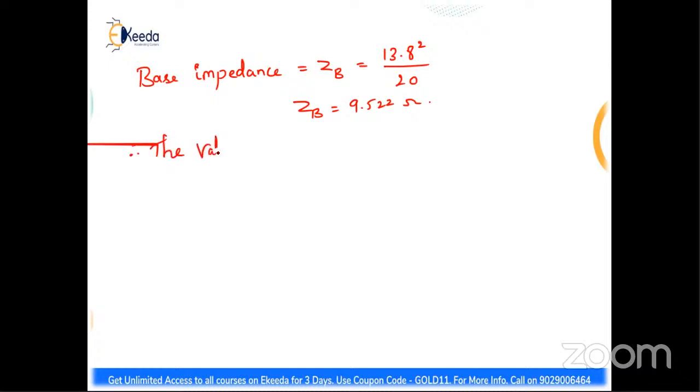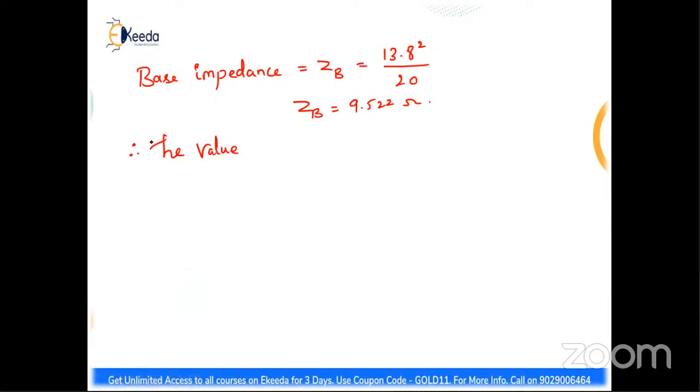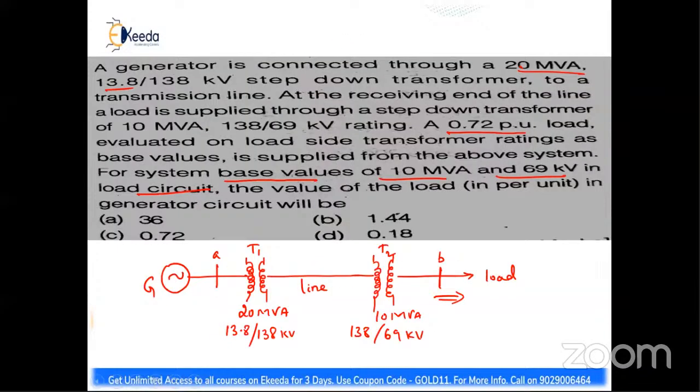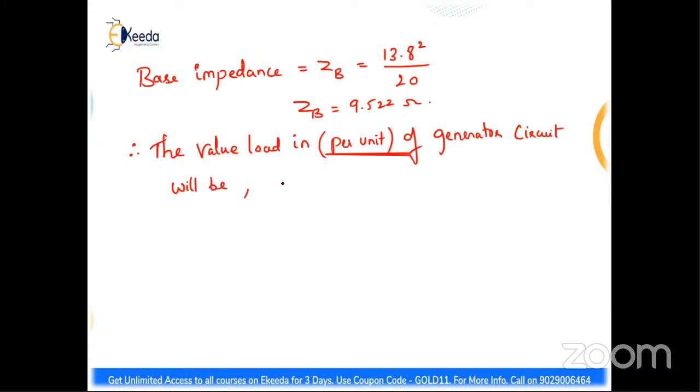The value of load in per unit of generator circuit is ZL divided by ZB.